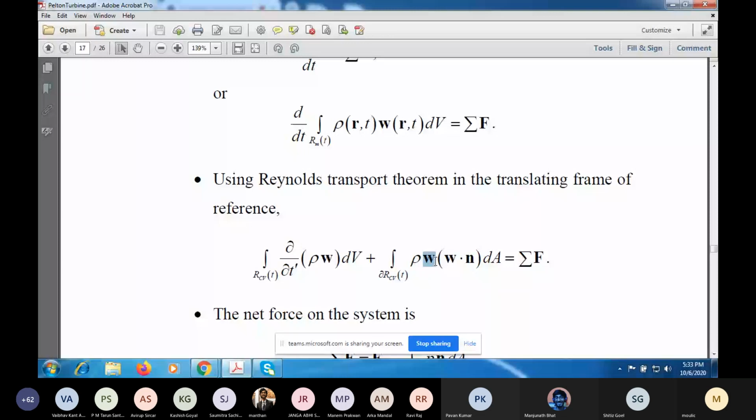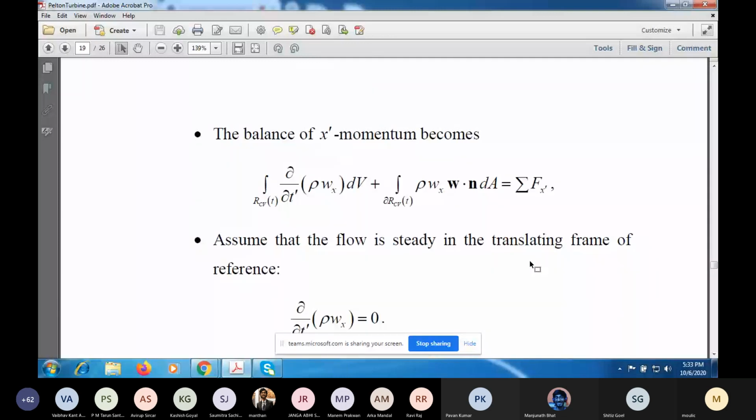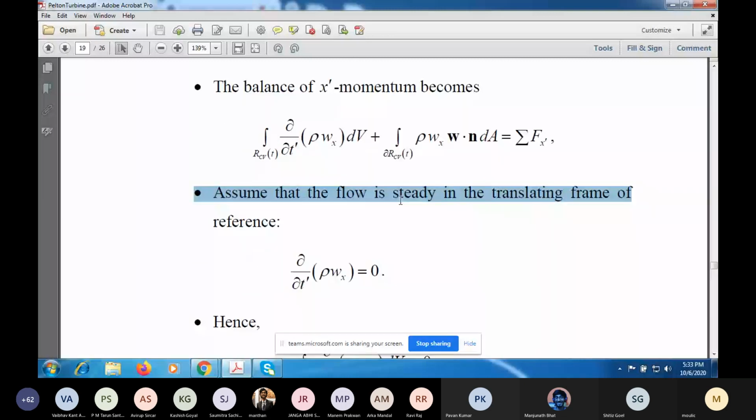So if you apply Reynolds transport theorem in the translating control volume, you will have the unsteady term here and this flux over here. Now I'm looking at the balance of x prime momentum, so this is W_x or V_x prime, and this is the summation of F_x prime. As explained to you last week by looking at the airplane which was moving, here you have a similar situation.